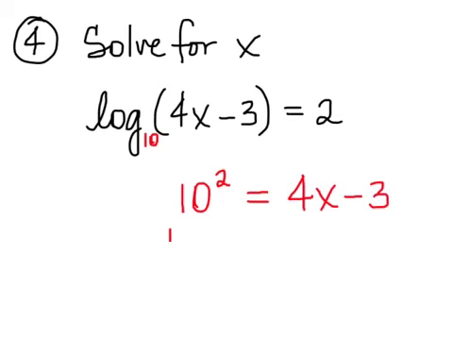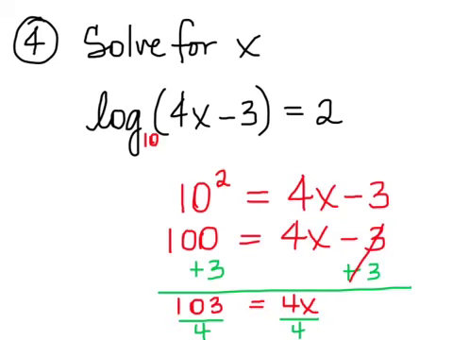And then you'll be able to solve for x just with normal solving methods. And you get x equals 25.75, and that was not rounded off, so I'll go ahead and leave it as a decimal. If it were needing to be rounded off, you might want to leave it as 103/4 as a fraction.